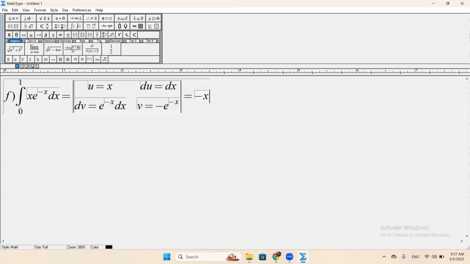Minus x by e in power of minus x with the substitutions from 0 to 1, and in this case plus integral from 0 to 1 e in power of minus x dx. So v du, and now let's calculate.